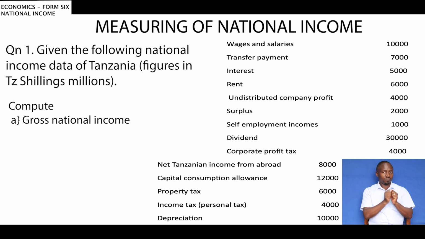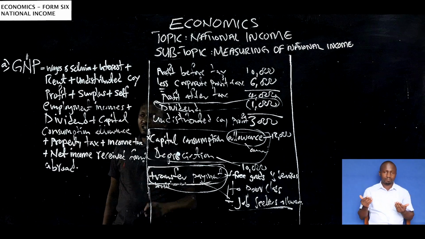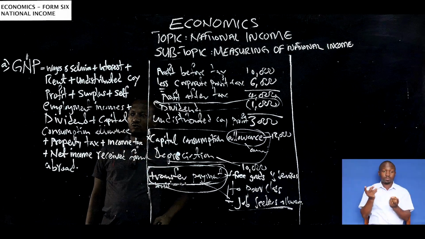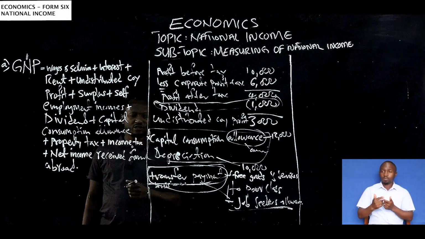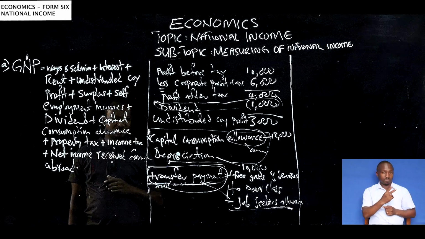We add property tax, 6,000, and we add income tax or personal tax, which is 4,000. After summation of all incomes required by the question, we get a total of 92,000 GNP, 92,000 millions. You have to put millions.